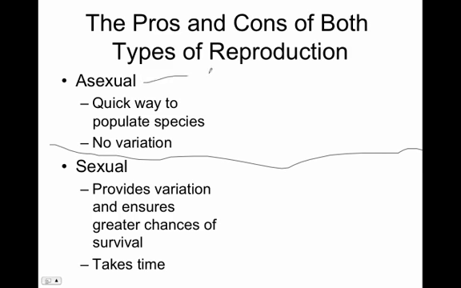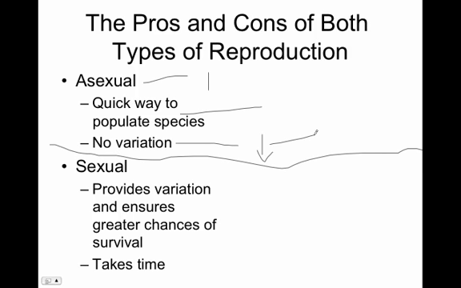Asexual is one individual, and it's a quick way to populate the species because you don't have to find a mate. However, the downfall is biodiversity goes down. There is no variation, therefore very little biodiversity, which could hurt the organism when the environment changes.